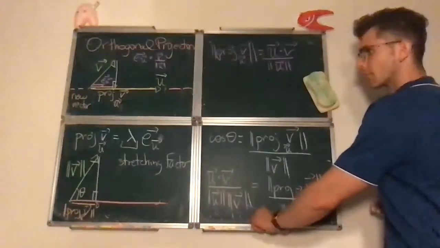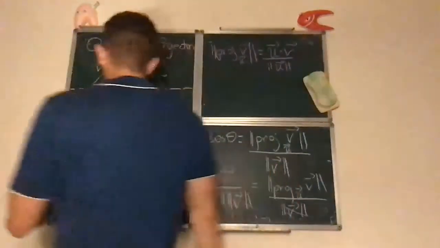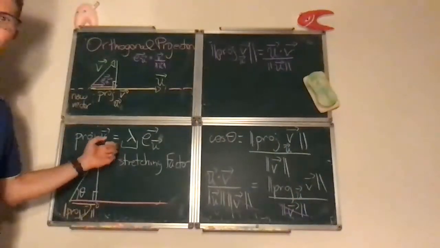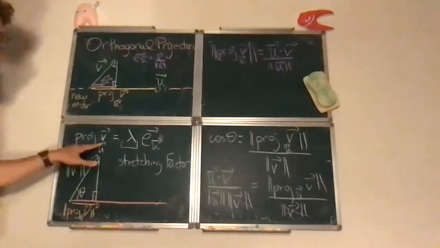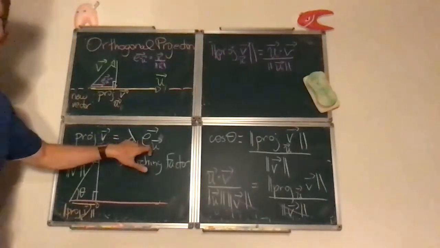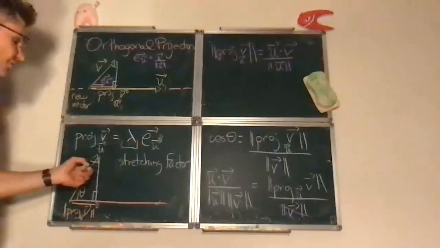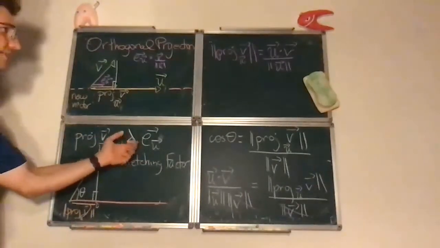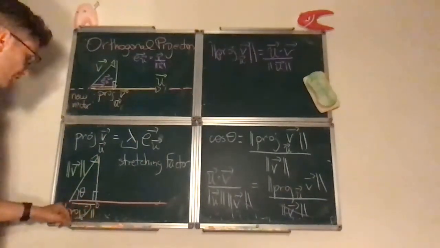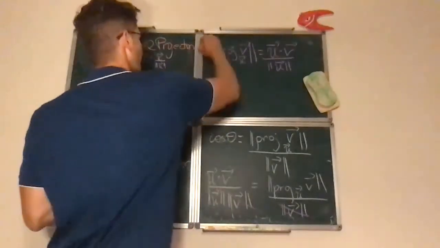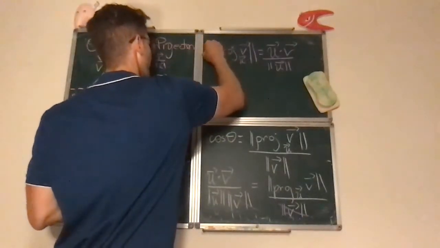Okay? And why is this important? Because if you compare this with this formula, I'm writing the projection as some constant times a unit vector. This is precisely the same as the polar decomposition that I mentioned on the previous video. So this lambda is really nothing but this magnitude.